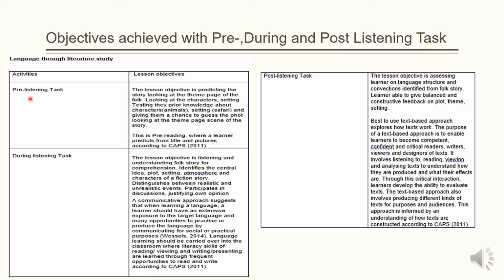So let's look at pre-listening tasks. The lesson objective is predicting the story, looking at the theme, the page, the folk, and looking at the characters and setting, testing their prior knowledge and giving them a chance to guess the plot.